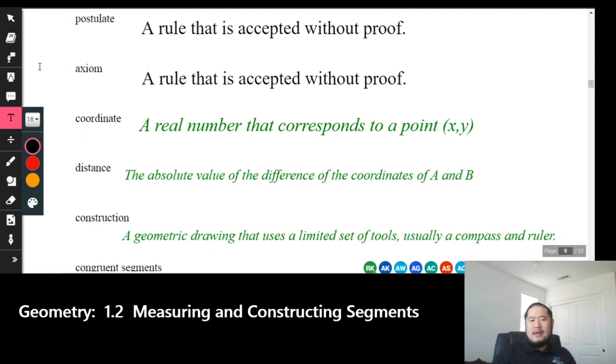We might not be able to do that together since we're not in class, but if you do have a compass and a ruler, you will see that in the book there are diagrams and examples that show you how to construct a segment and how to copy them. It's not just getting a piece of paper and tracing over the book. That doesn't work, and that's not what they're asking for. There are specific tools that we can use to help us construct and copy segments and angles, particularly segments right now in this section.